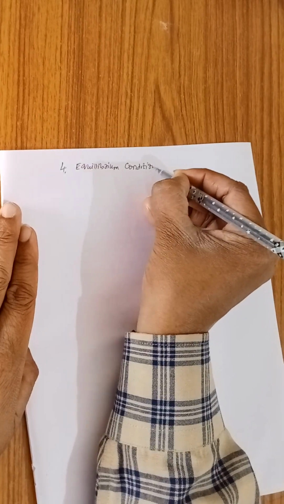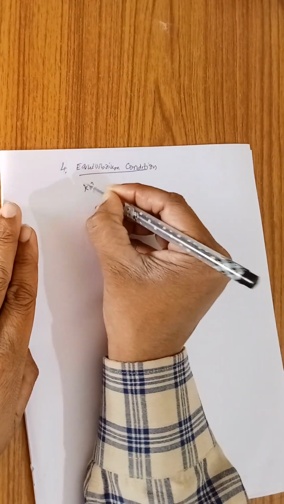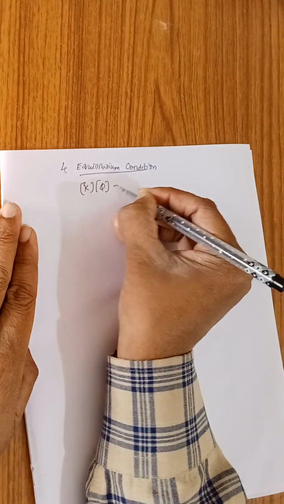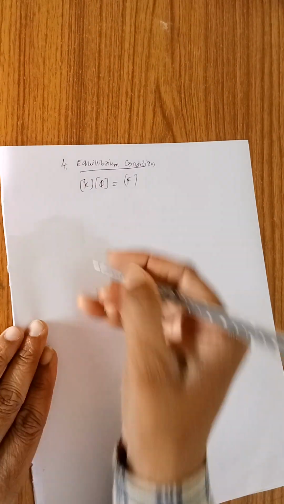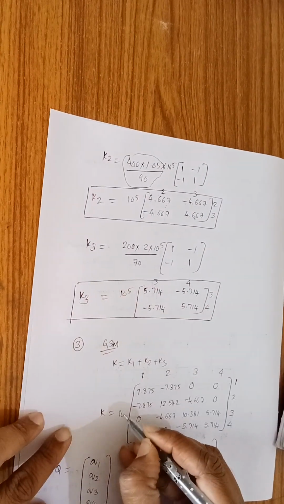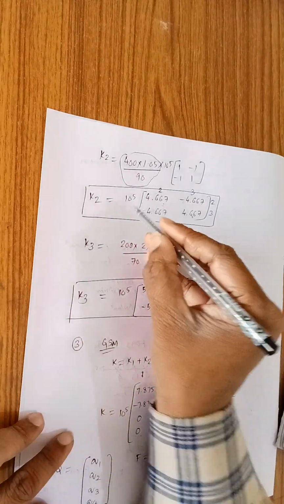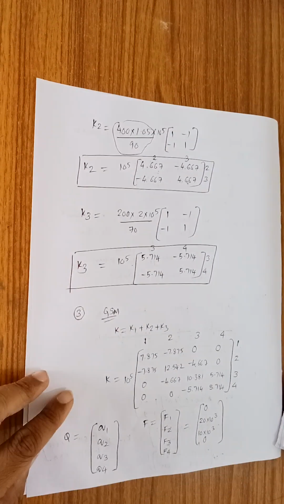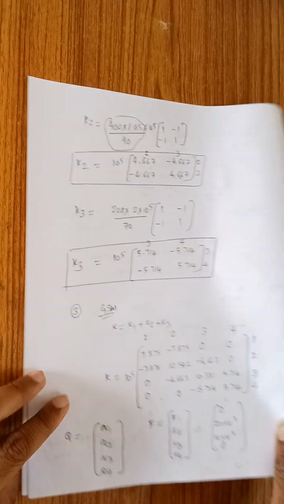The equilibrium condition formula will be K into Q equal to F. So let me write K into Q equal to F, and let's not forget this 10 to the power of 5 over here also. Just be very careful, and this 10 to the power of 5 is common in every elemental stiffness matrix.